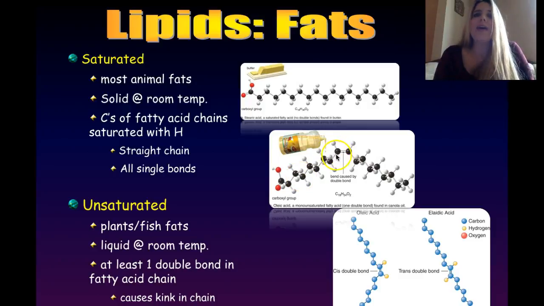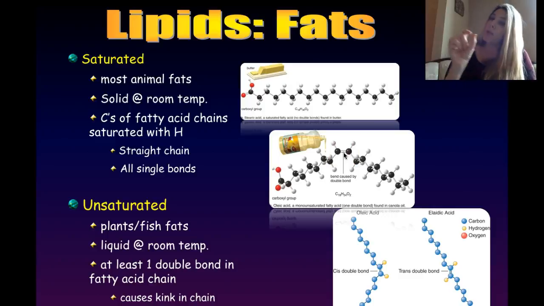If you take 2 of the carbons, you actually could have more than that, but at least 2 of the carbons, and notice that each carbon, in this particular case right here, only has 1 hydrogen bonded to it. And instead of having two hydrogens, it has one hydrogen and a double bond between the two carbons. And so that double bond, recall that double bonds are shorter than single bonds and stronger.